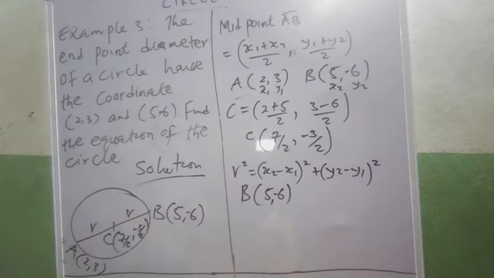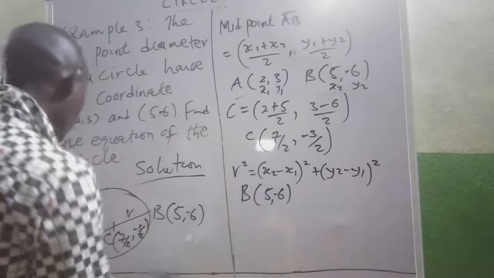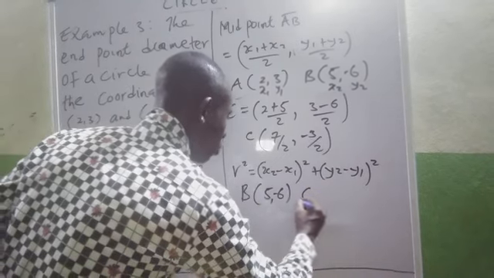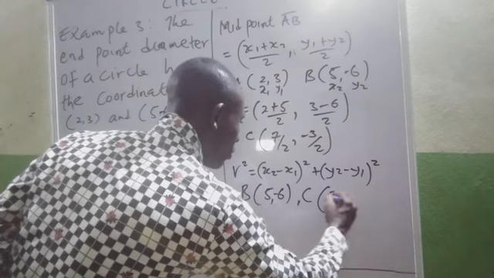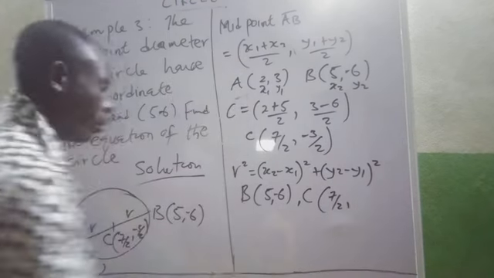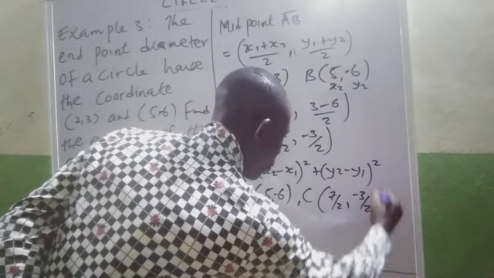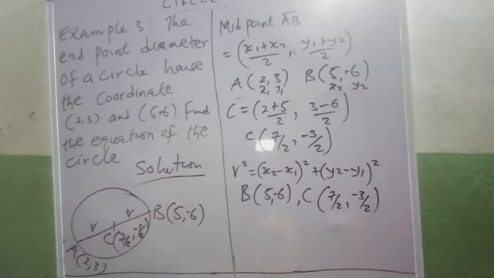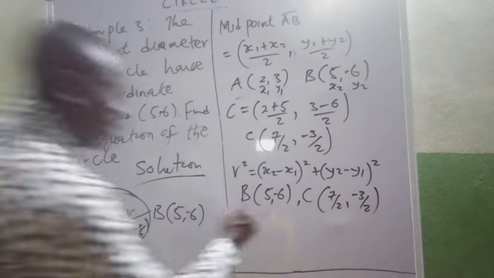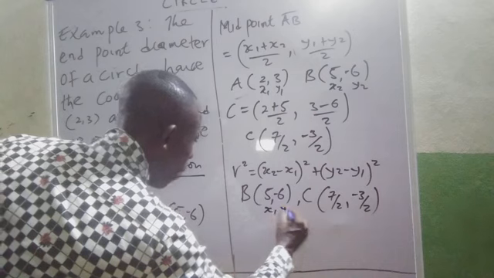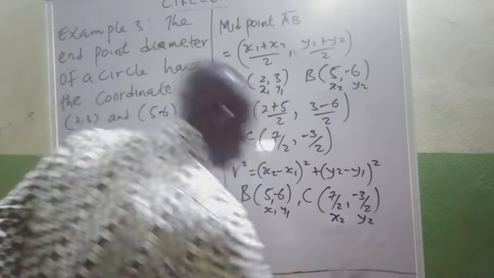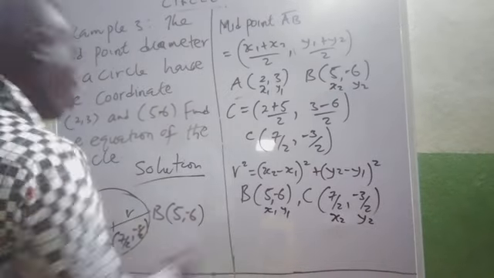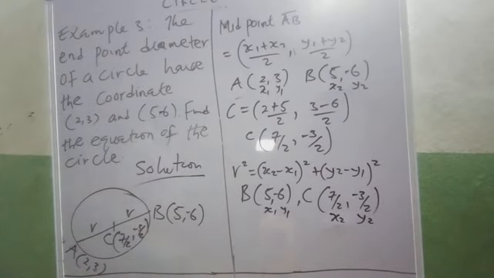Then we have our C, which we solved for to be 7 over 2, comma, minus 3 over 2. This is the point. So what we need to do now is to label here our x1, y1, while here we say this is our x2, y2. So we can now substitute this into the formula.